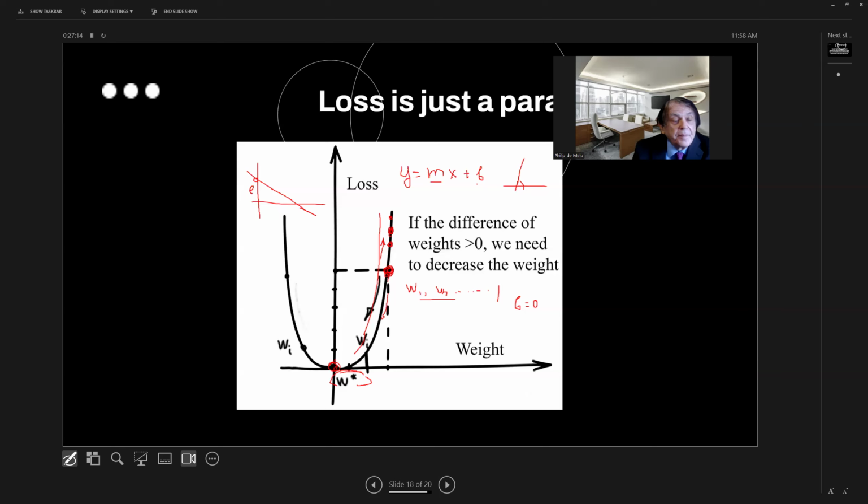This is b, and this angle is m, so the tangent of this angle is m.